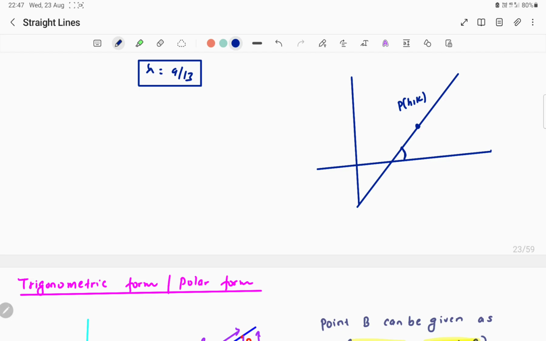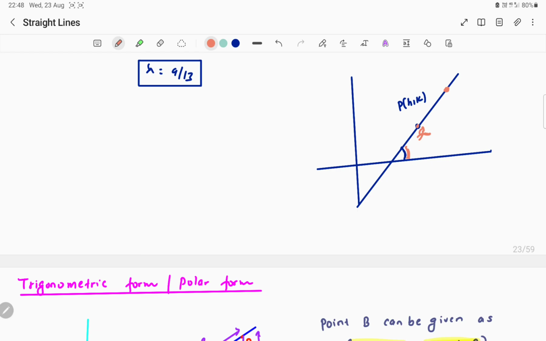Now any point on this line, any point coordinates on this line can be figured out with the help of this distance and this theta. You can ask how. Think like this, from this point there are only two possibilities, isn't it? Suppose you are standing at this place.